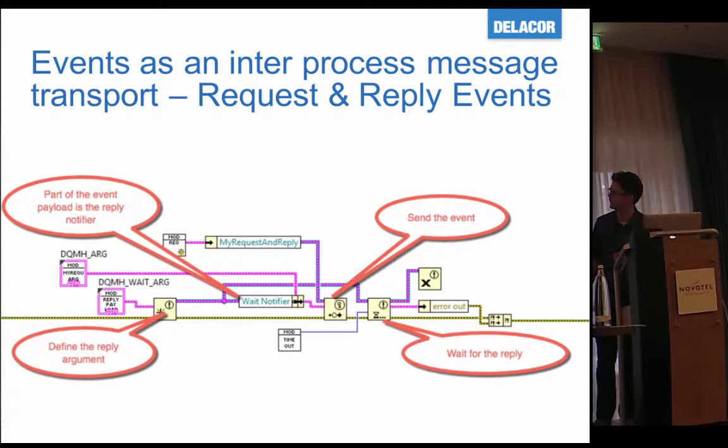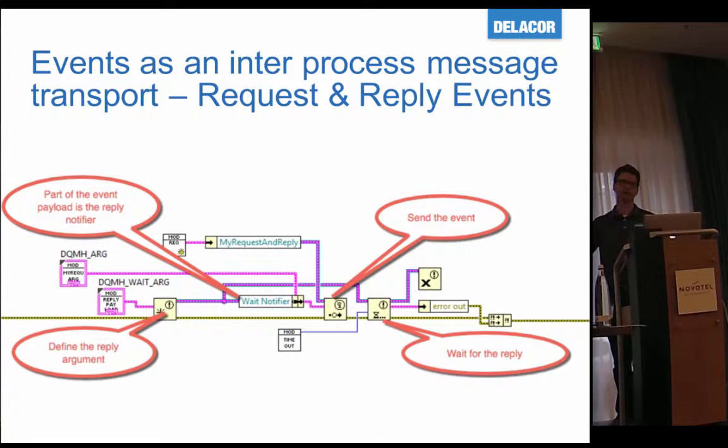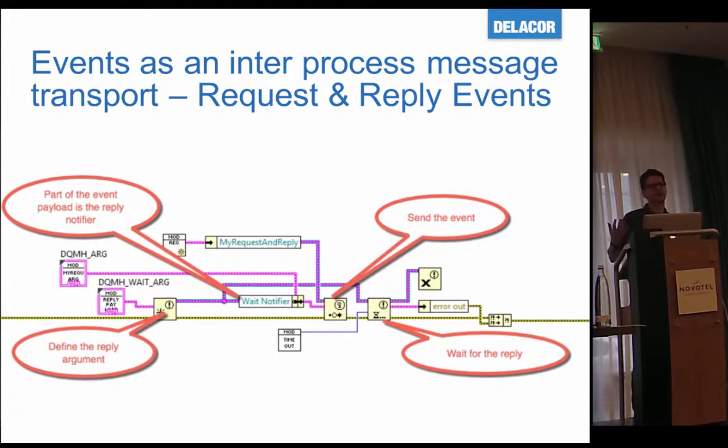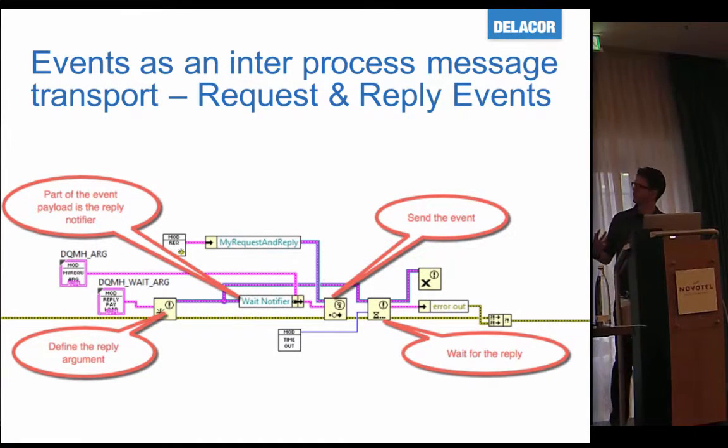Here I've got a notifier; I could use a single element queue. The notifier is incorporated in the message payload so that the module can respond to me. We've all done something like that. In this case, the module is just returning any error that occurred, but we could be returning more complex data. So we've got this request and reply.